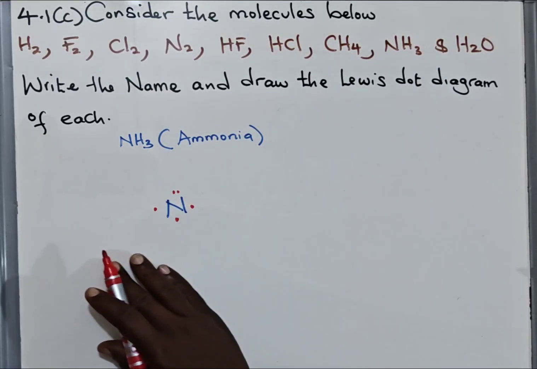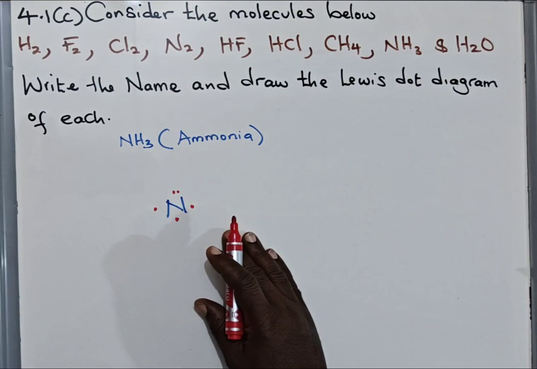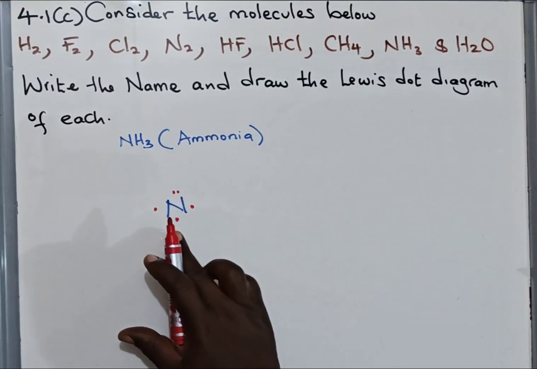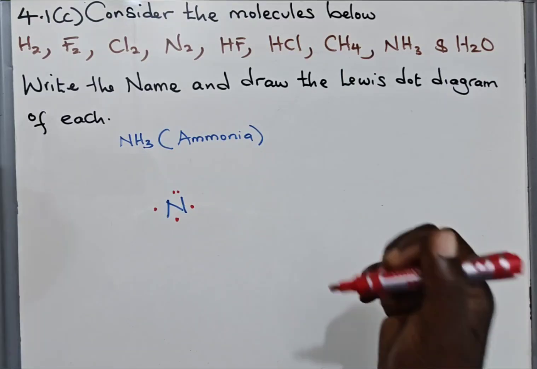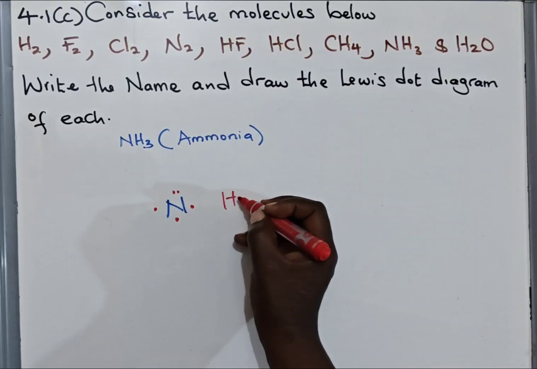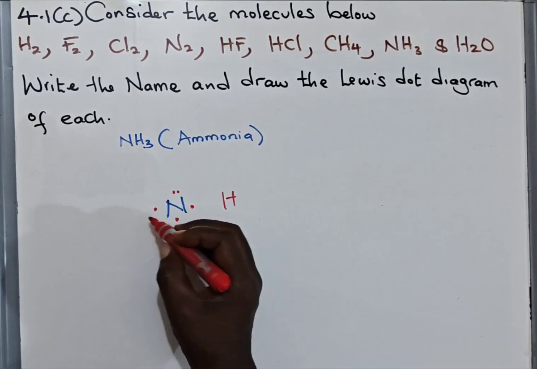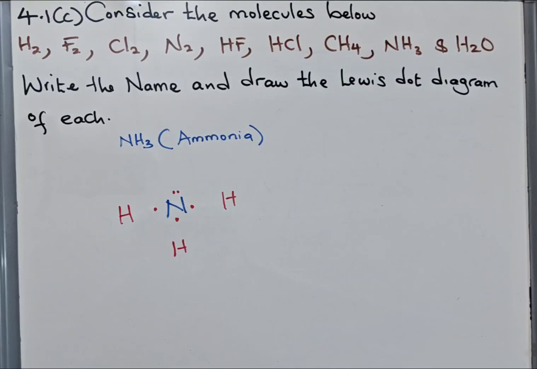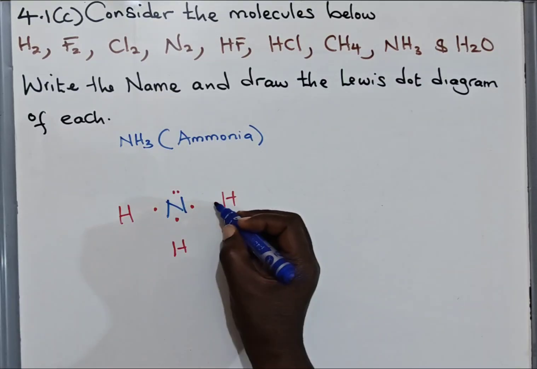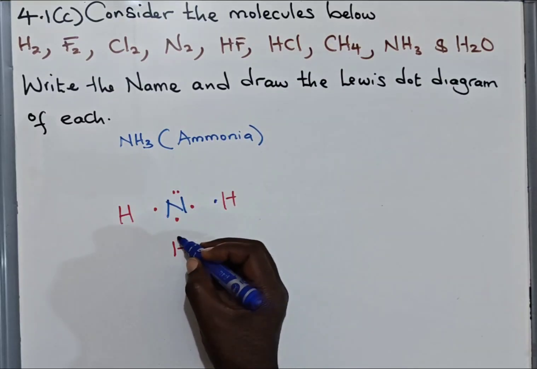From the way we see this atom, it can form 3 bonds because bonding occurs only between unpaired electrons. So what happens is that you have 1 hydrogen here, and 1 hydrogen here, and another hydrogen here. You have to remember that hydrogen belongs to group 1. So it has 1 electron, which is unpaired.